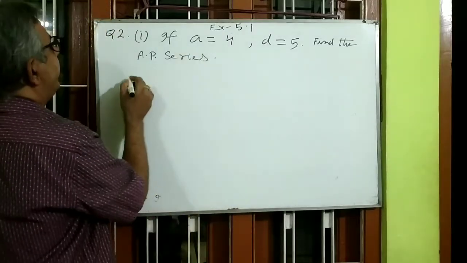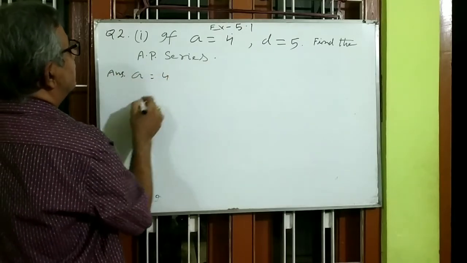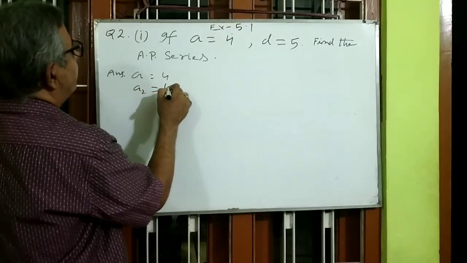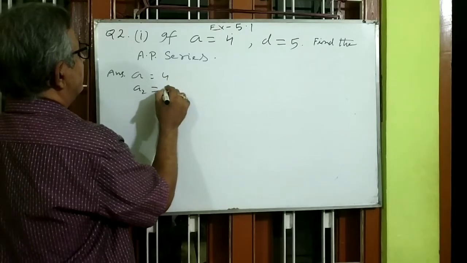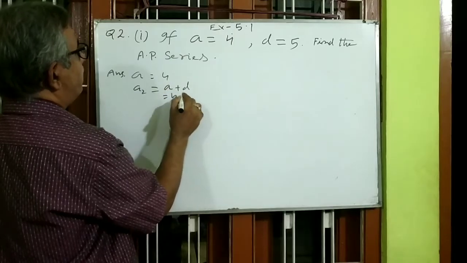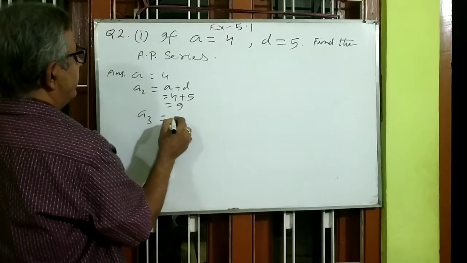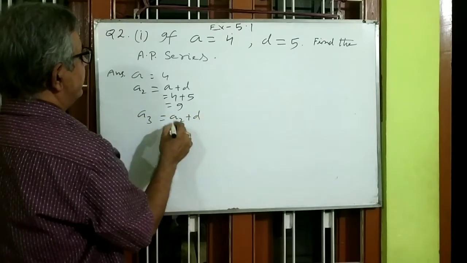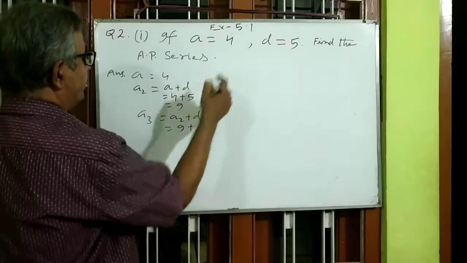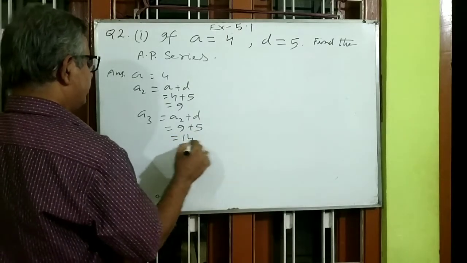So here A is equal to 4. A2 is equal to what? A plus common difference, 4 plus 5, you get 9. A3 is equal to A2 plus common difference. A2 is 9, common difference is 5, so 14.